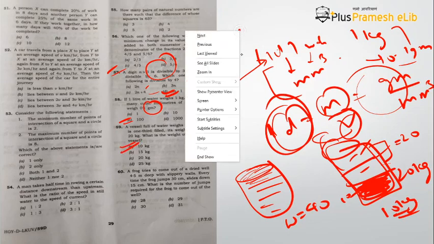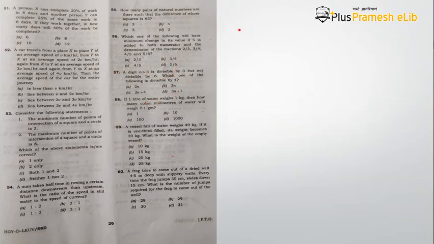Then you have question number 60. Either you can use the trick to solve this question, or if you don't want to use the trick, then it's a pretty straightforward question. This is very similar to the monkey question, where the monkey is trying to jump up the pole and then slips down again, then jumps and goes down again. Similar is the case with the frog, which has to climb this 4.5 meter deep well.